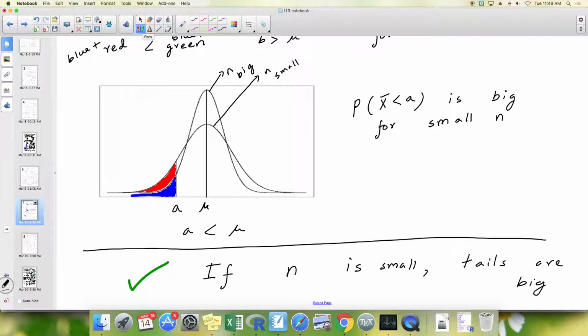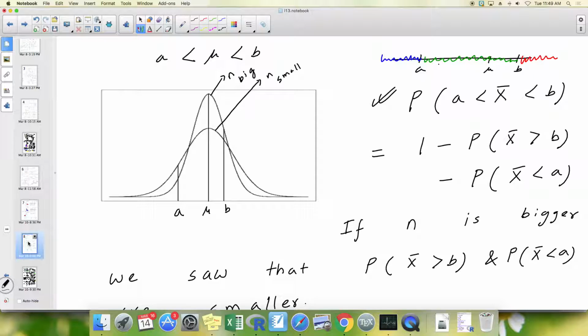Now comes the next part. Here we are dealing with the middle portion. We are not dealing with a tail. What do I mean by middle portion? I mean so here is mu.